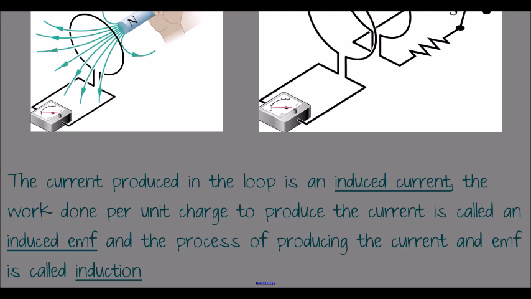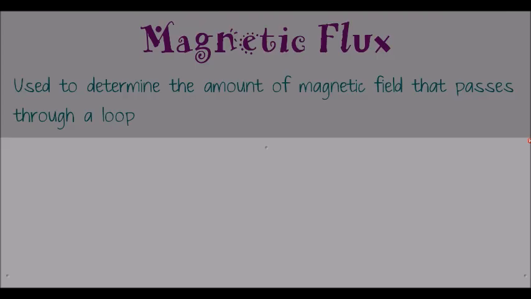To figure out exactly how much current and how much EMF is produced, we'll have to understand something called magnetic flux. And we've already talked about flux before. Specifically, we talked about electric flux in the past. This is a similar concept, except we're dealing with magnetism instead of electrostatics.